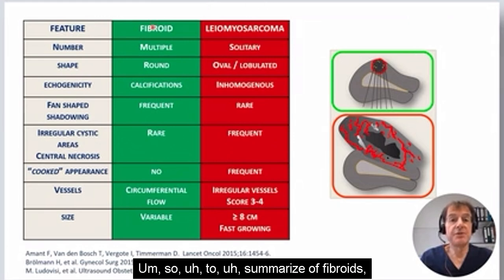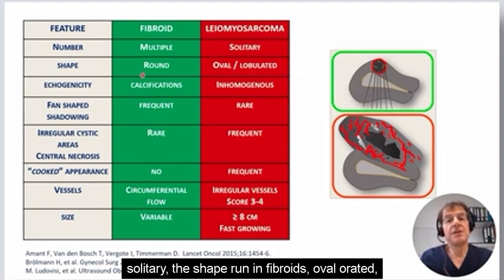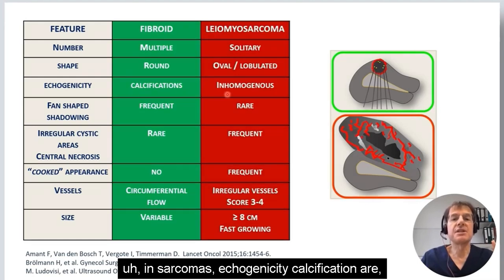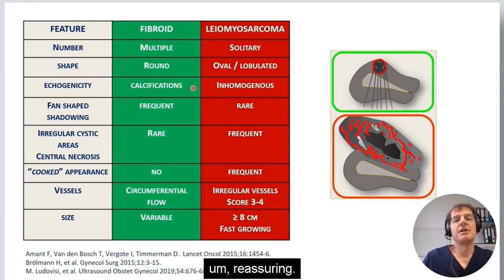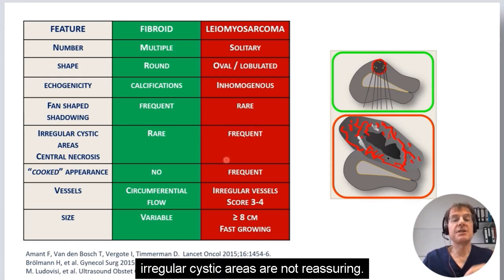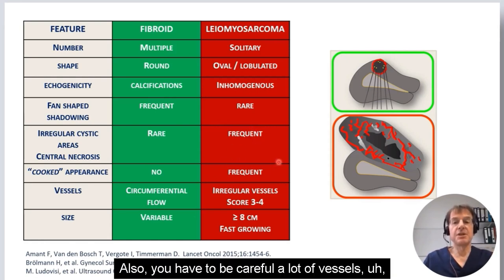To summarize, fibroids are usually multiple lesions, sarcoma solitary. The shape is round in fibroids, oval or oblated in sarcomas. Echogenicity, calcification or fan-shaped shadowing is reassuring. Irregular cystic areas are not reassuring. Cooked appearance, also you have to be careful.